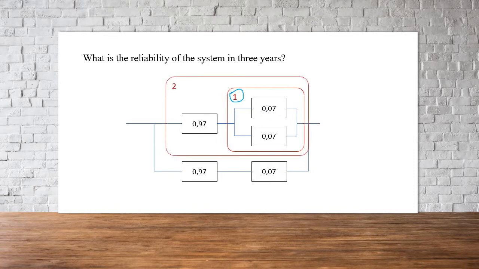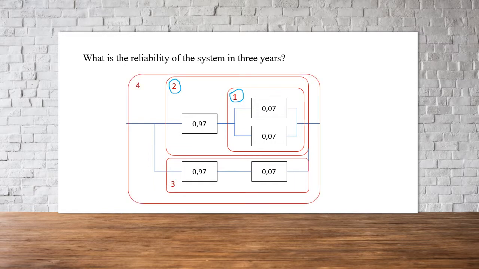Then we calculate number 2, so we have the reliability of the first line of the parallel system. Then we go to number 3 and number 4. It would be easier and you may not make mistakes. If you write one big calculation and formula, the probability of making a mistake is higher.